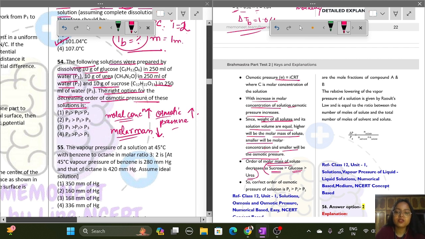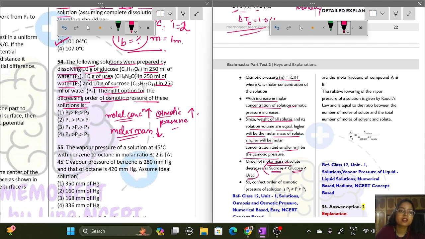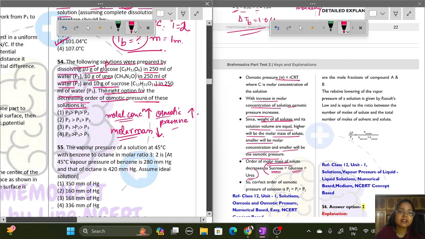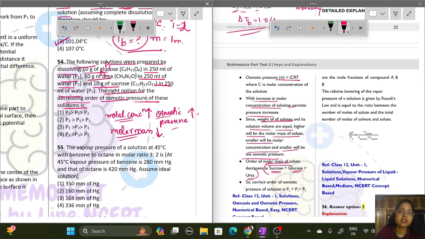Glucose is given as P1, urea is given as P2 and sucrose is given as P3.